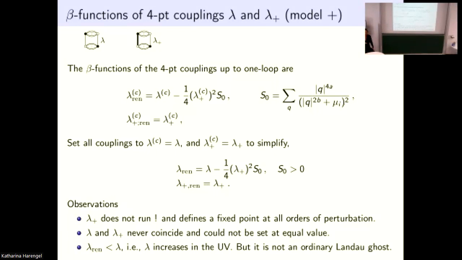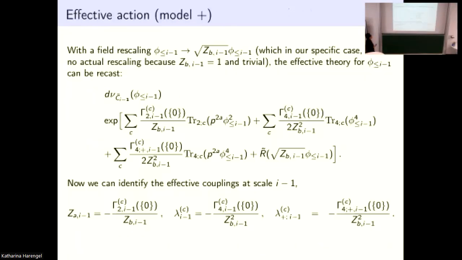Your question: is the statement that lambda plus doesn't run treated to all orders? It's a good point. Yes, I state it to all orders, though at the moment I'm only computing after 1 loop. But even from the table you can already analyze it. Maybe I should go back.